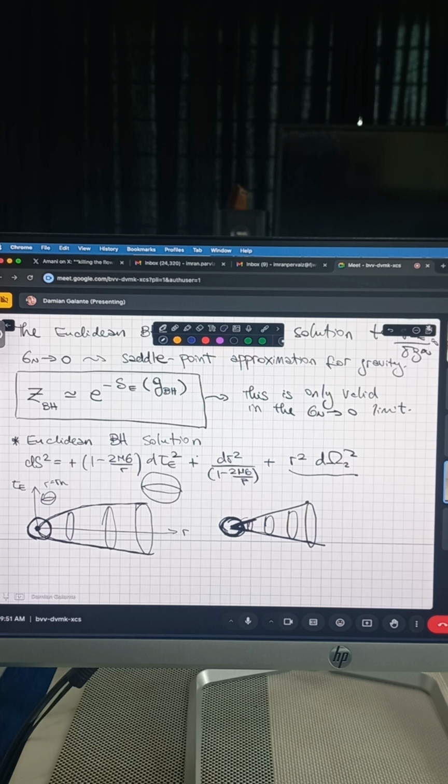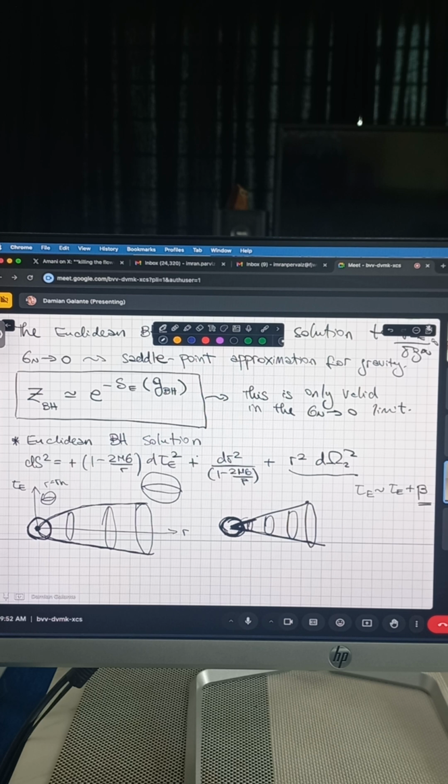So this metric is assuming that t_E is periodic with period beta. So you should identify t_E with t_E plus beta. Okay, but I'm not telling you what this beta is so far.